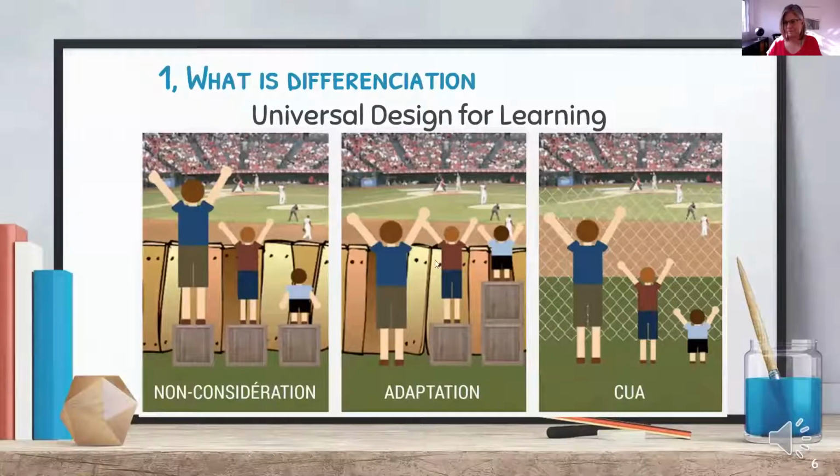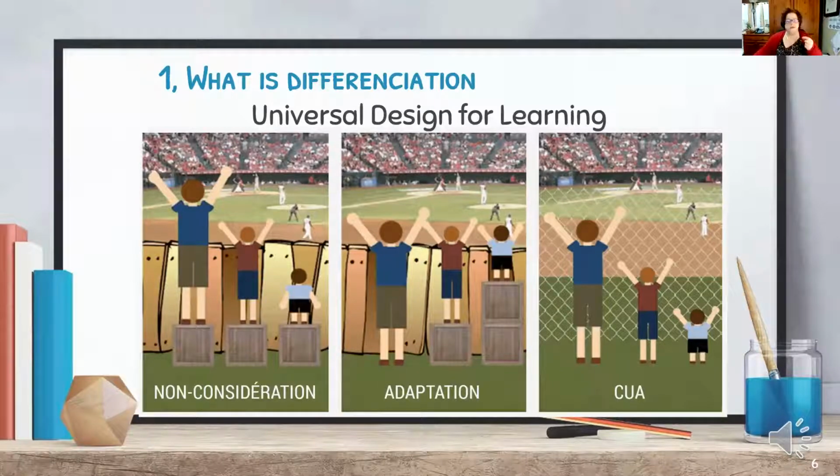Okay. So when we look at this slide here, when we're not considering the differences of our students, and we need to understand that each student is different, we just have them this way, as we can see on the first picture. We're not taking them into consideration. When we're adapting for a student, we're just taking building blocks and trying to help him get to the top of where he needs to be able to fit in with the rest of the group.